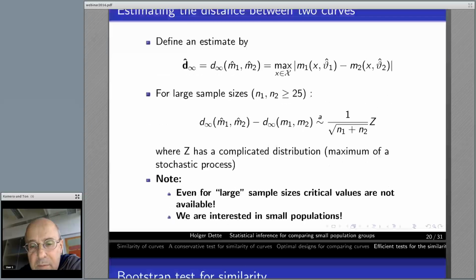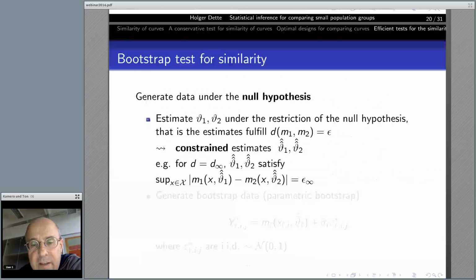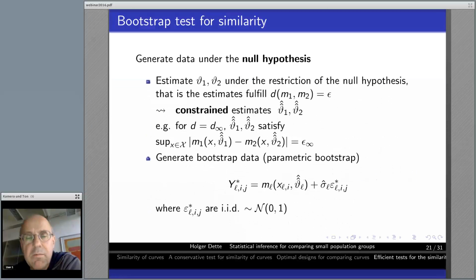Okay, so what we propose instead is to do some kind of bootstrap approach. We try to generate data under the null hypothesis and then obtain the quantiles by bootstrap.